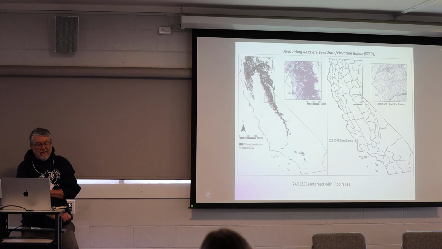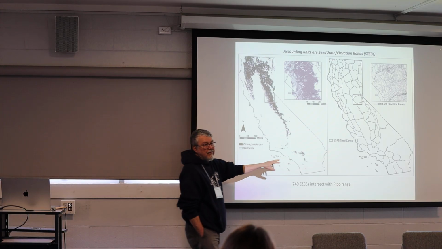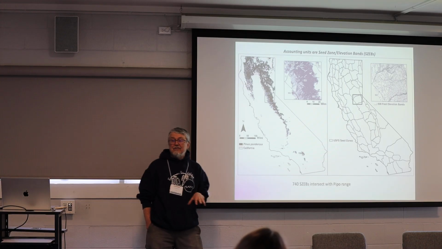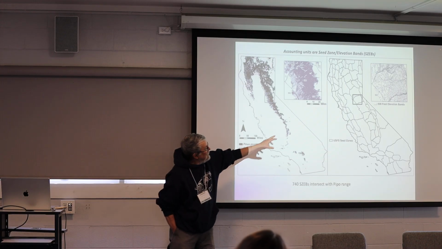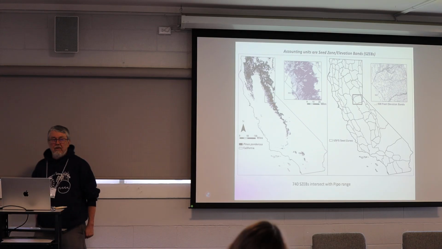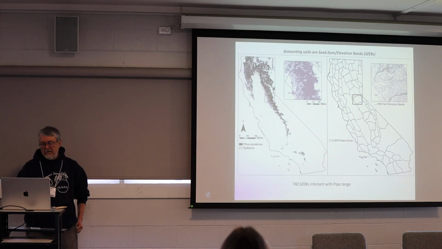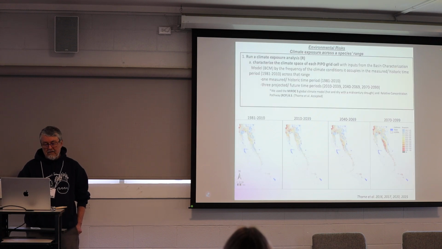So then we can take that map and we can intersect it with the seed zones of California. These are the forestry zones, right? And then the 500-foot elevation bands. So those two combined, there's about 1,200 or so of those in California. And we're going to use that as effectively our accounting system in this process.